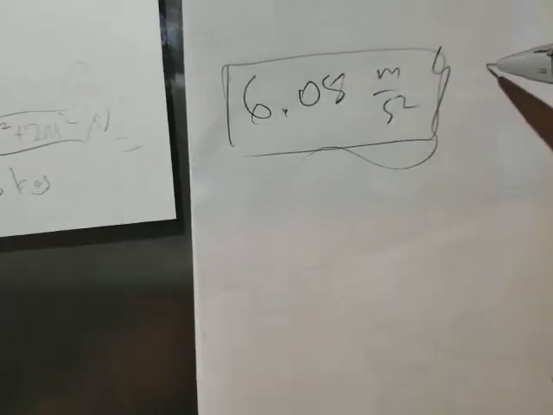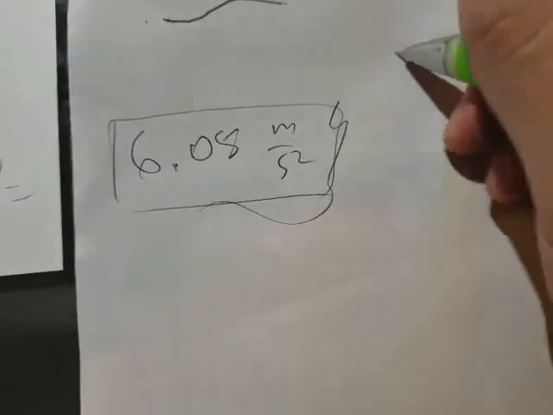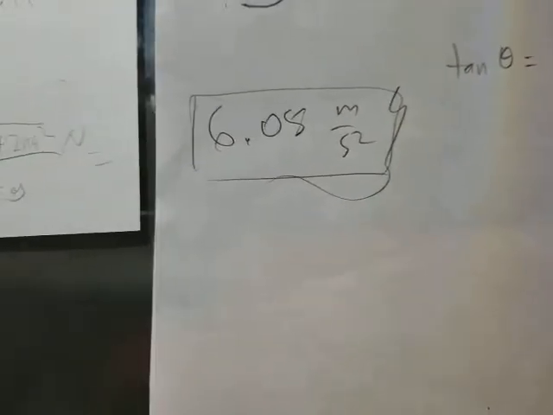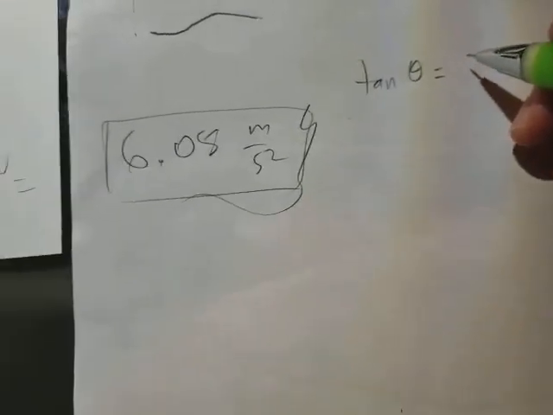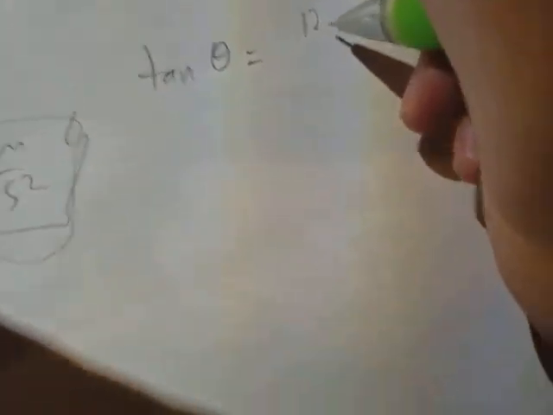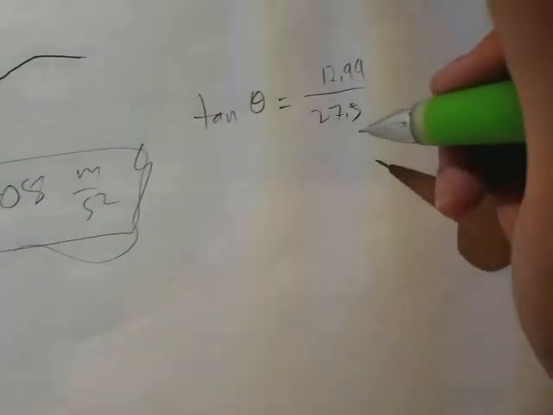Yeah, that's the acceleration. Now to find the degree of the acceleration, you simply use tangent theta equals the opposite over adjacent of this triangle, which is 12.99 over 27.5, 27.5 being 20 plus 7.5.